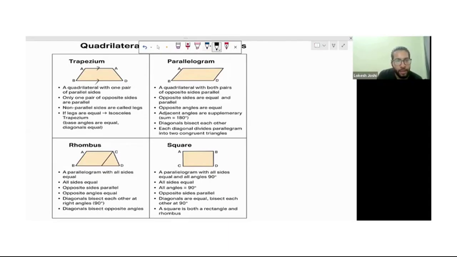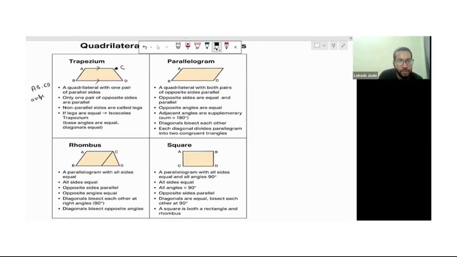Non-parallel sides are called legs, which means these two sides are legs. It's a misprint in the book; we have to write C, which means we can say AB and CD are legs. If legs are equal, then it is an isosceles trapezium.